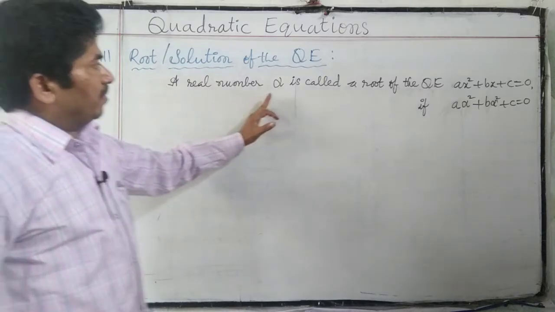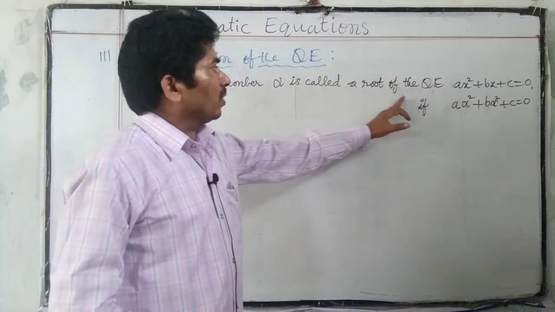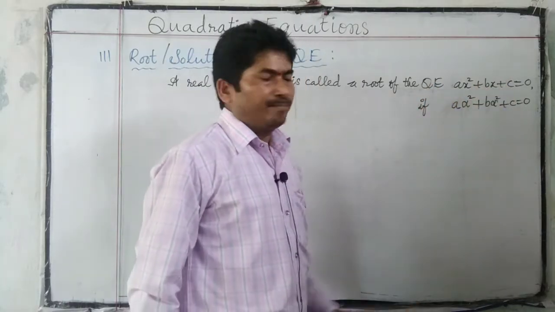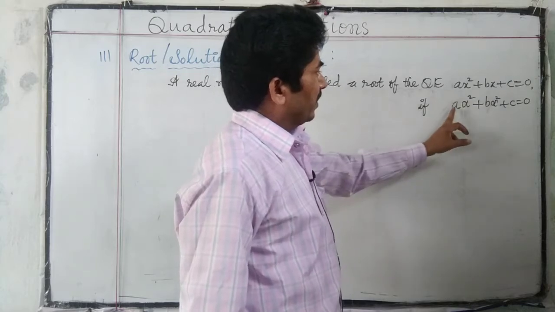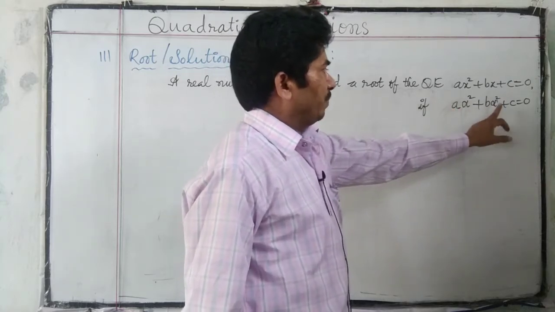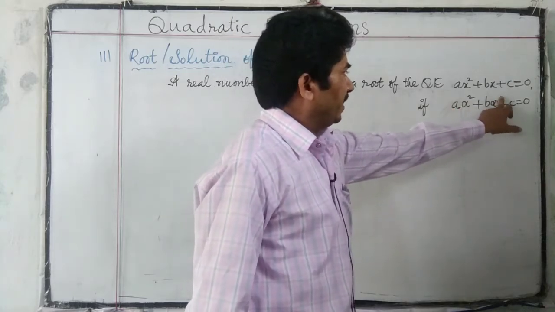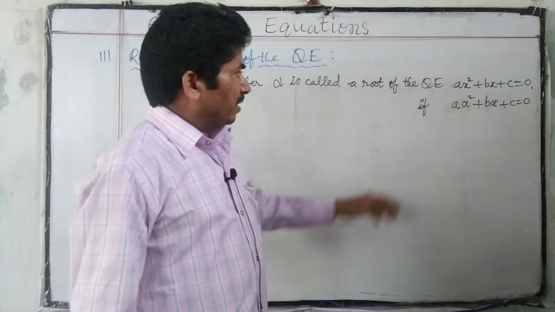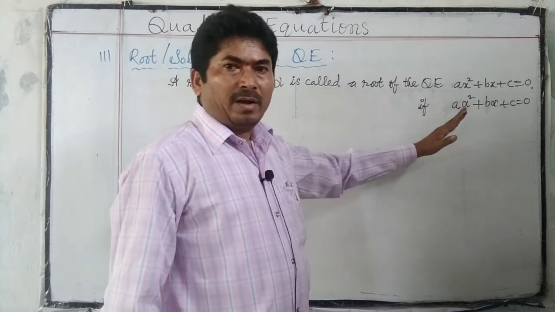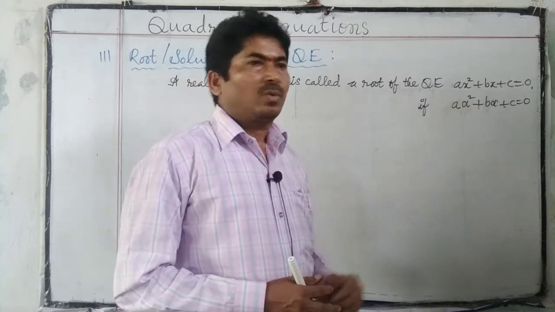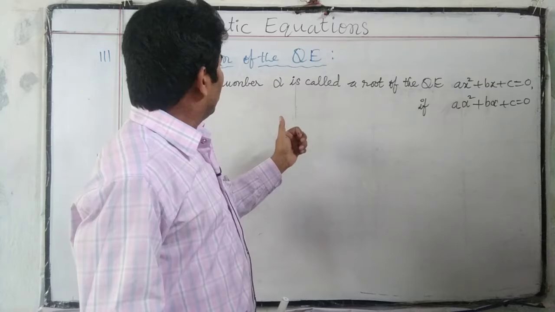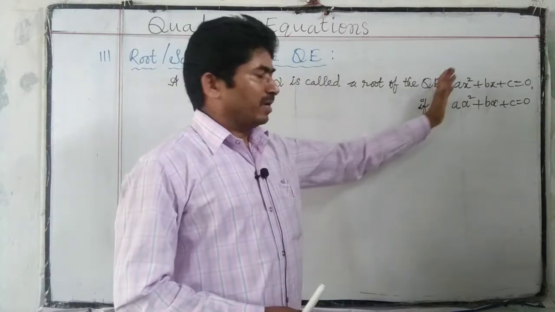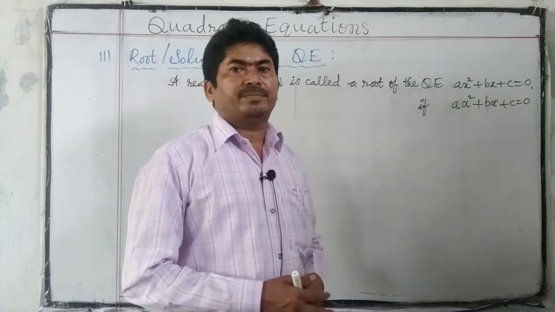A real number alpha is called a root of the quadratic equation ax square plus bx plus c equal to 0, if a alpha square plus b alpha plus c is equal to 0. Here alpha is called root or solution, satisfying the quadratic equation.